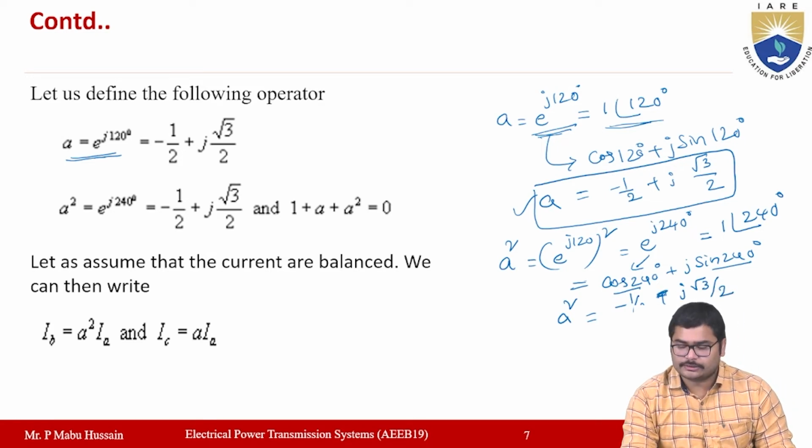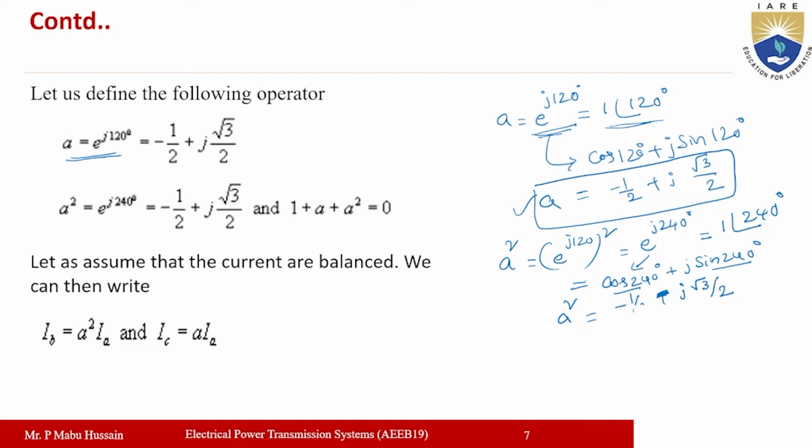I think it is minus. Once you calculate sin 120 degrees or sin 240 degrees, any one of these two you are getting to be minus j root 3 by 2 here. So we will calculate the value with the calculator.